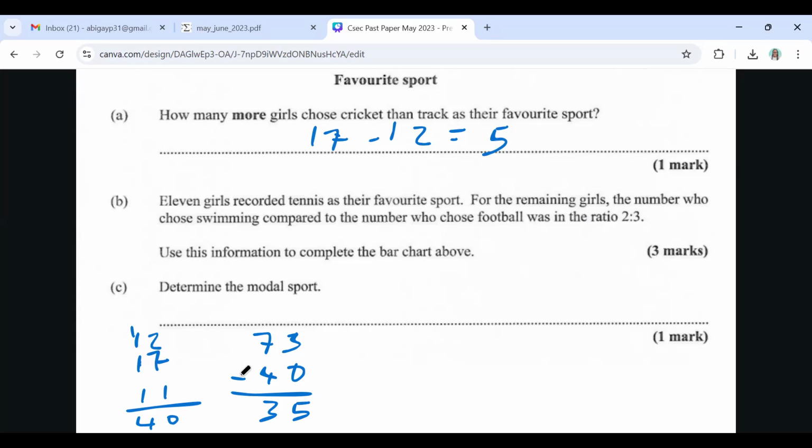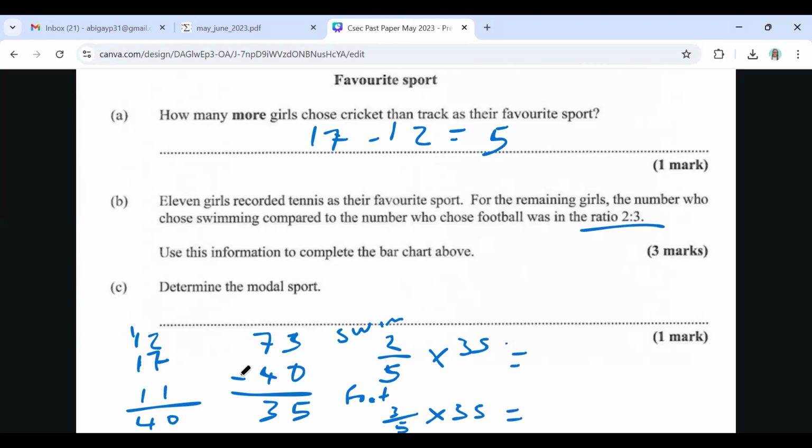Since we're given the ratio, we know that 2 plus 3 is 5. So swimming is 2 out of 5 times 35, and football is going to be 3 over 5 times 35.